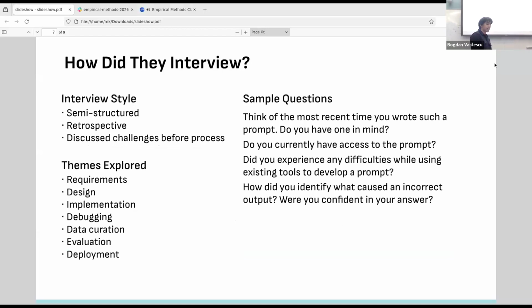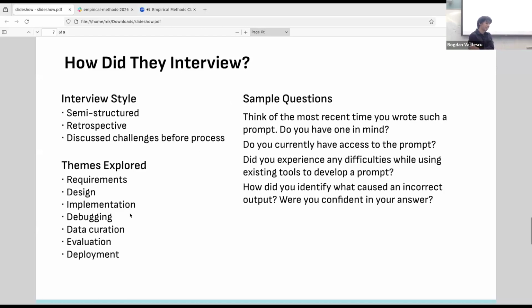So yeah, they tried to do a retrospective thing. It was semi-structured, so they had that outline where they discussed the definition and the other things I said. And they were intentional about this part, discussing the challenges before the process.